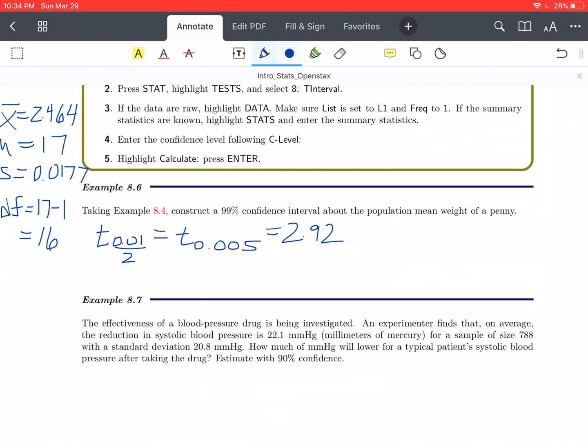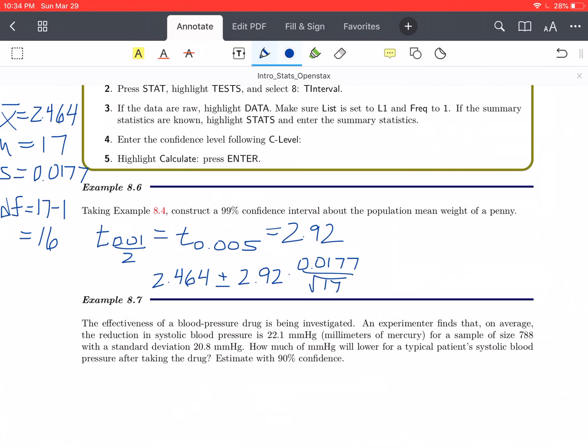So for our confidence interval, we're looking at 2.464 plus or minus 2.92 times 0.0177 over square root of 17.